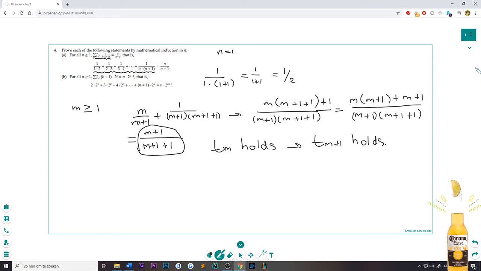But so the idea is prove the base case, okay? Substitute your n into your n plus 1, then calculate the answer. And once you get the answer, then compare it to your original n and see if they are the same, right?